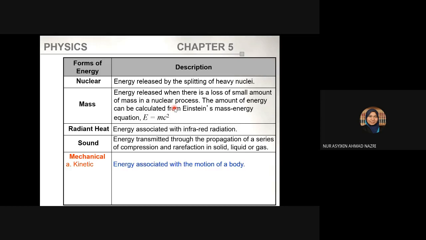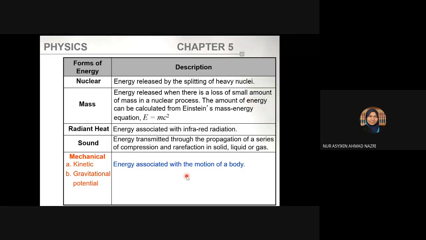Okay. Right. And then sound energy is one of the energy juga. Sebab apa? The vibration. Okay. Sound is about the vibration. Then menghasilkan suatu energy juga. Okay. And then we have mechanical energy, kinetic, gravitational potential, which is energy associated with the motion of a body.